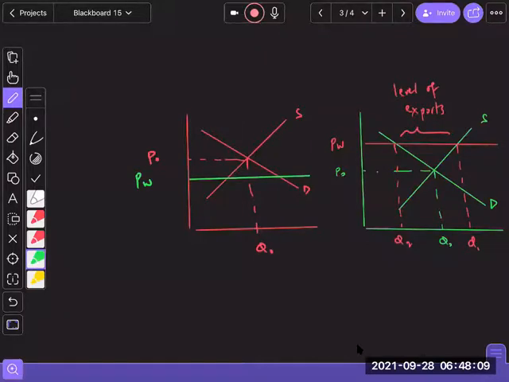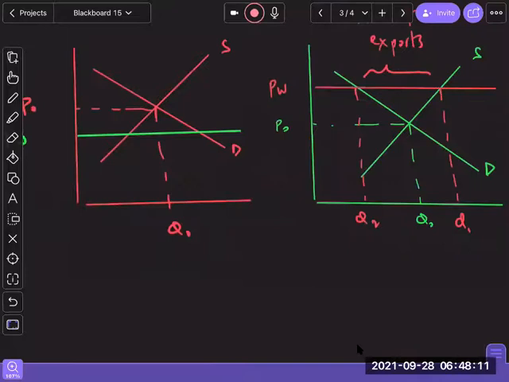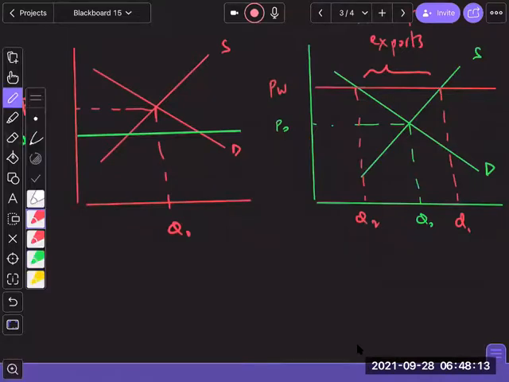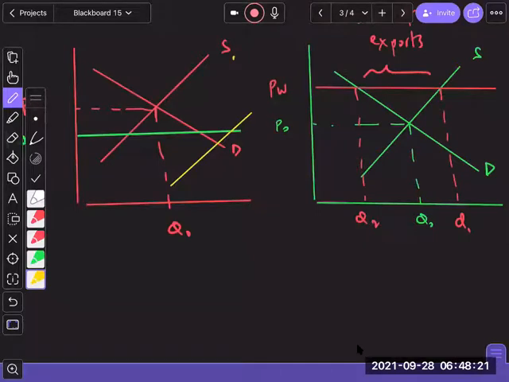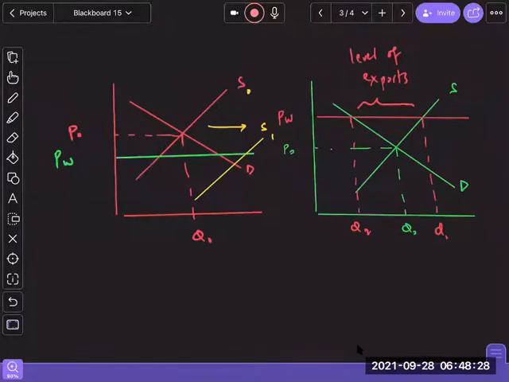If I give a subsidy such that the supply curve shifts to the right all the way to here, from S0 to S1, this becomes my price PW.